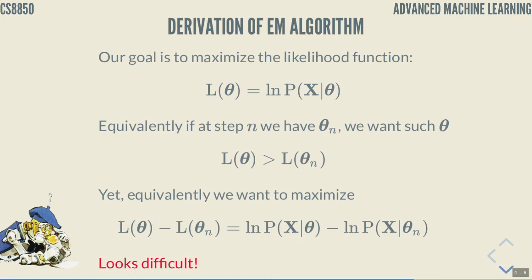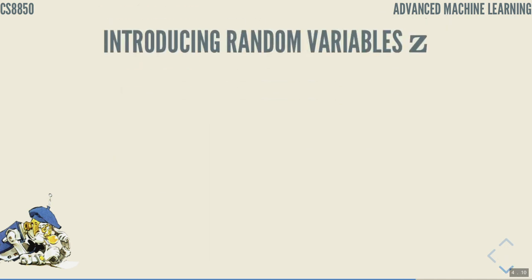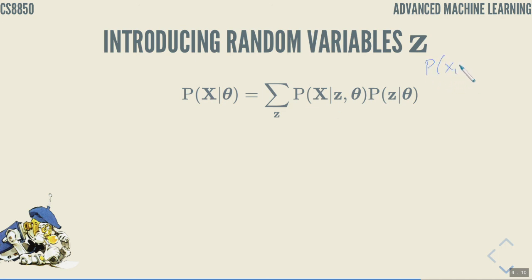Right, but how do we do it? This looks difficult. Just by looking at all of those three conditions, it's unclear how we can do it. But let's introduce a random variable Z. Let's introduce latent variables that are not there yet. Then our likelihood becomes a marginalization of the joint distribution P of X and Z. X is our data, we are observing it. Z is our latent variable.